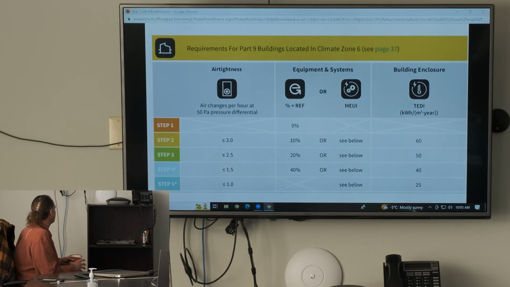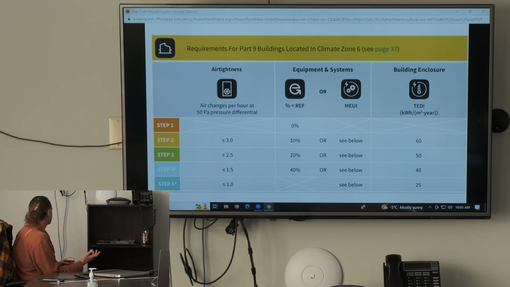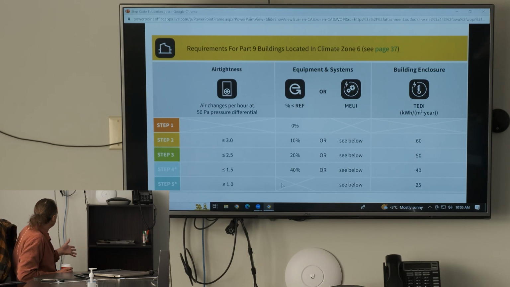So here's a little bit of a table showing how to reach the different steps with different metrics. So your air tightness is a pretty big factor. You're going to have to reach at least 3.0 air changes per hour.